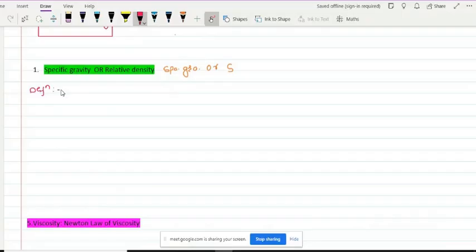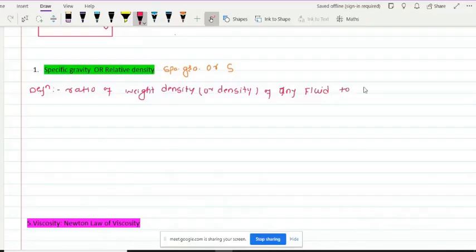It is the ratio of the weight density, or simply density, of any fluid to the weight density, or simply density, of a standard fluid. Okay, it is called specific gravity.